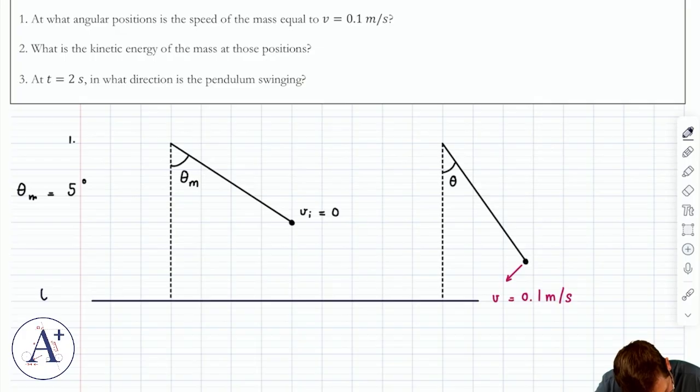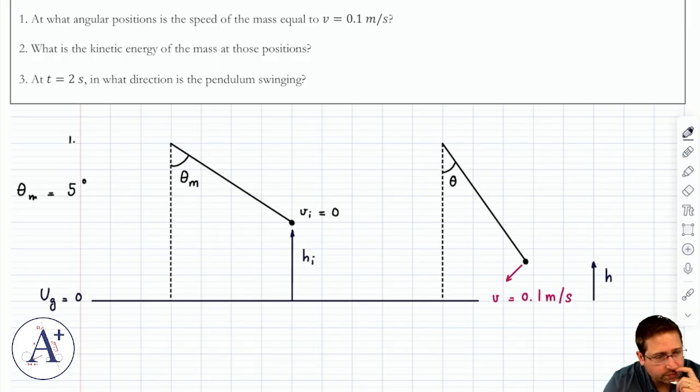Now I'm going to take potential energy to be 0 down here at the bottom of the swing. So when the mass makes it down here, it has 0 potential energy, and right now it has a certain amount that is based on this height that I'm going to call h initial. And here it has a certain amount based on this height that I'm going to call h.